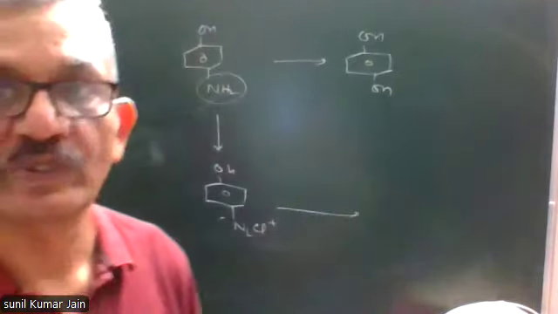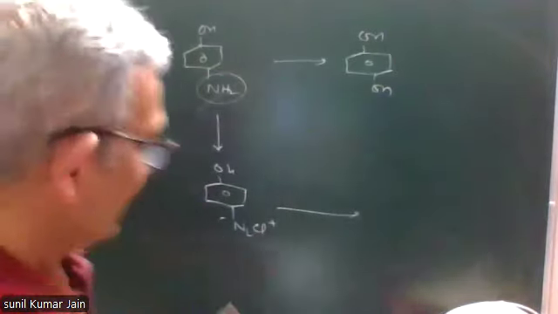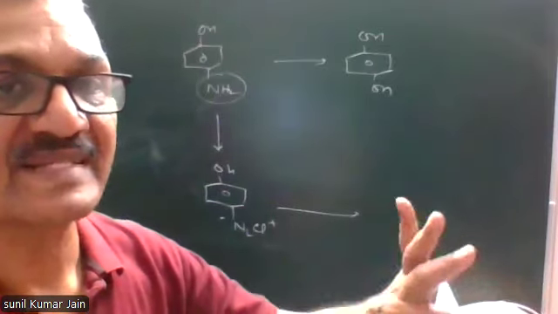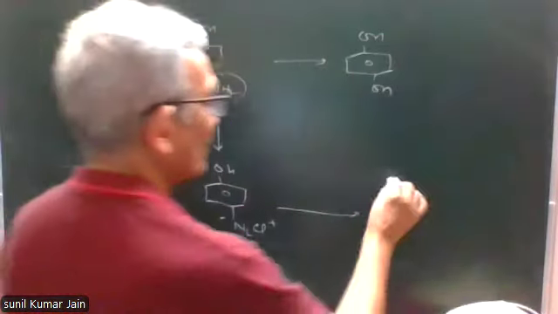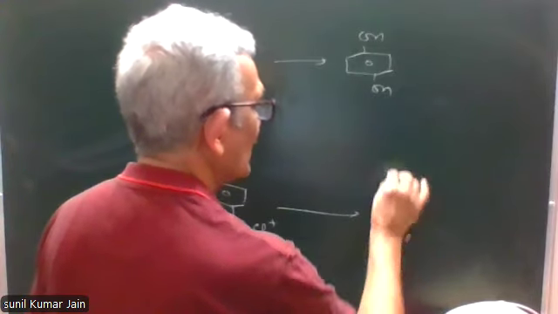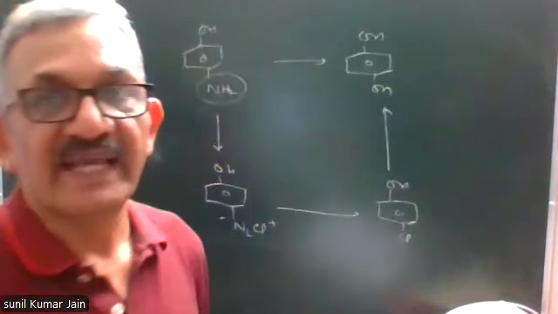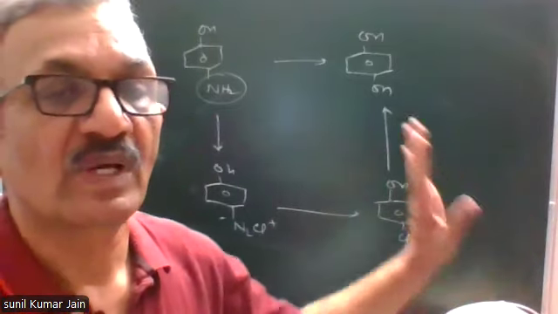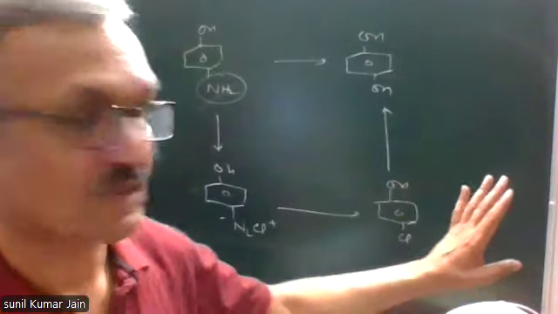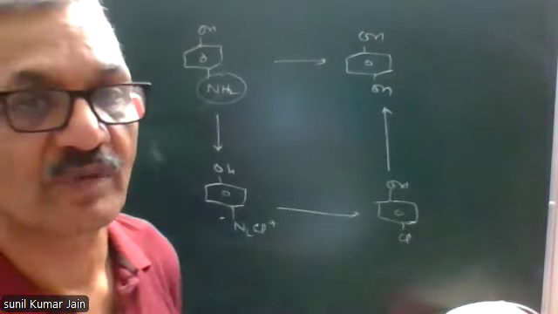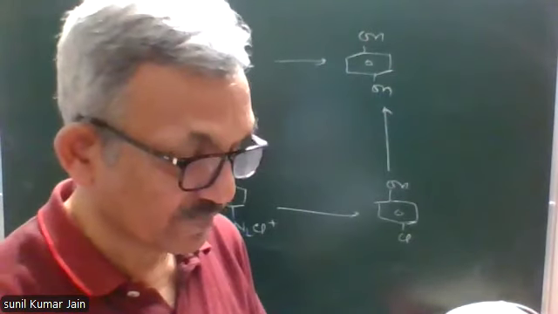How to convert NH2 into diazonium? You know it very well. Convert diazonium into chlorine or bromine, that is Sandmeyer or Gattermann reaction. After that, react with aqueous NaOH at high temperature and pressure. This reaction is similar to Dow's process. So aqueous NaOH, high temperature and pressure, this will lead to the formation of 1,4-benzenediol.